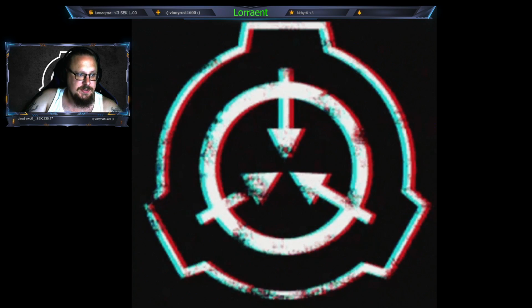Archon class SCPs are anomalies that could theoretically be contained, but are best left uncontained for some reason.